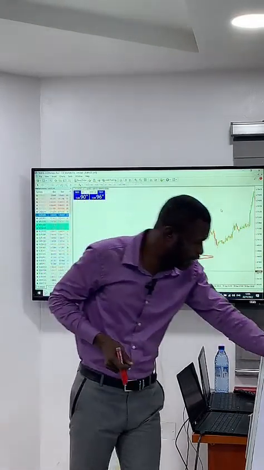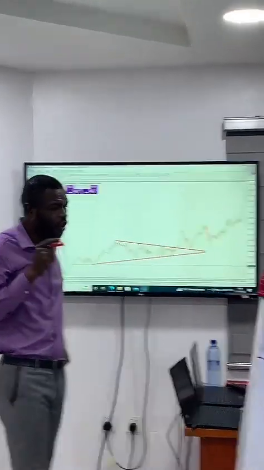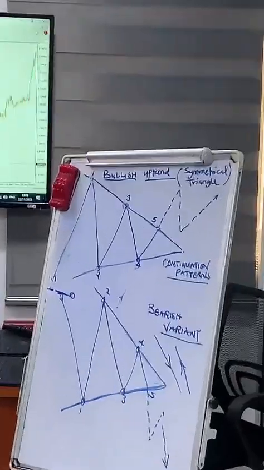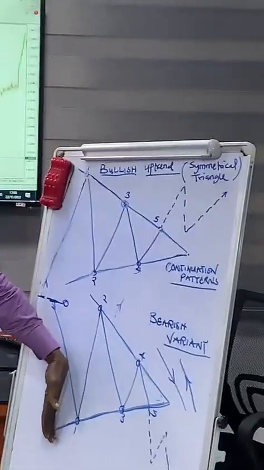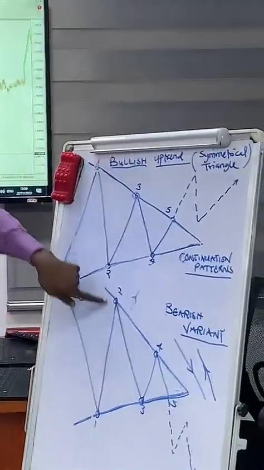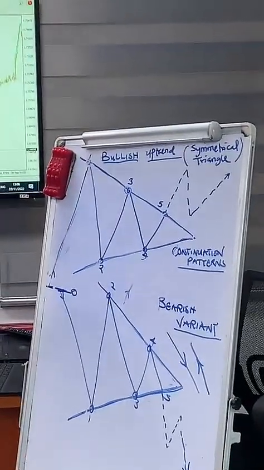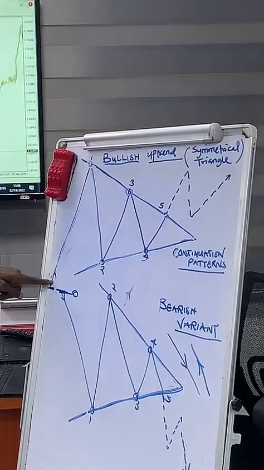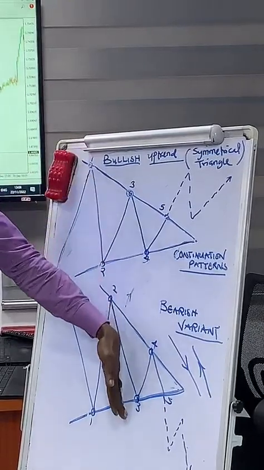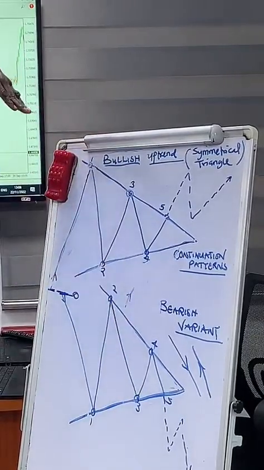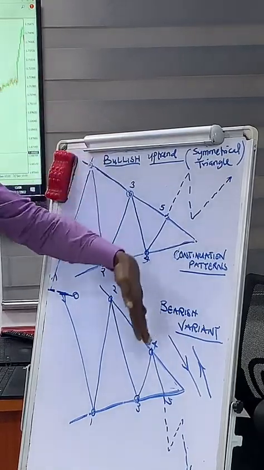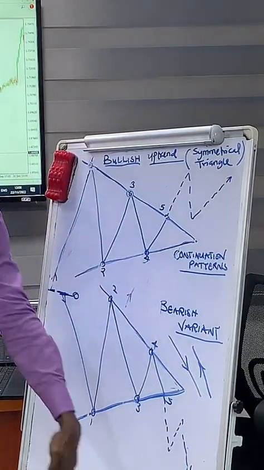Now, the bearish variant. In the case of the bearish variant, the market is coming downwards. Hits a point, retraces. But it did not retrace to the point where it started from. This is where it retraced to. And then dips again, retraces. Dips again and then breaks, continues its downward trend.